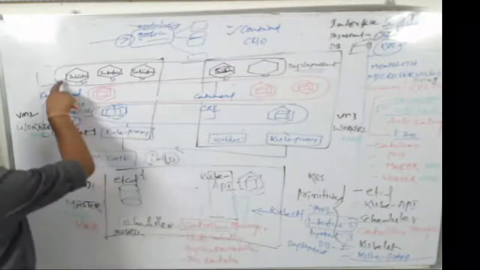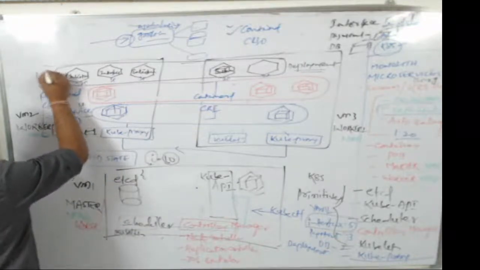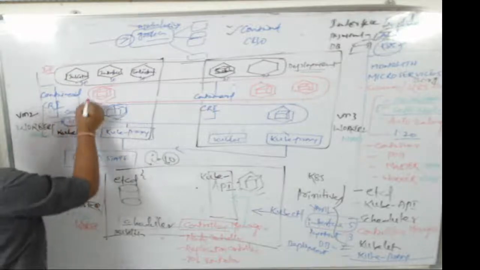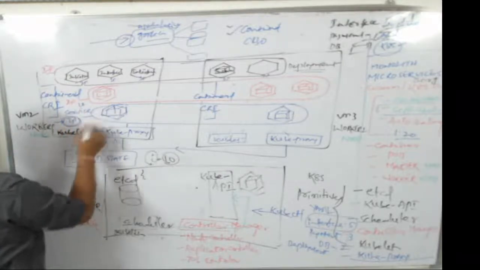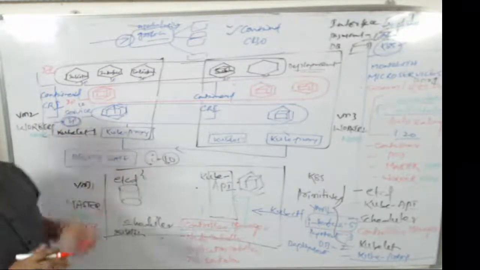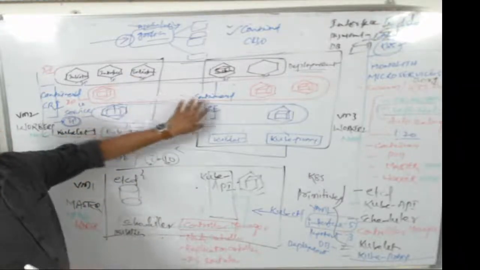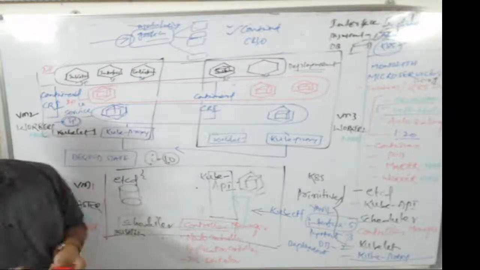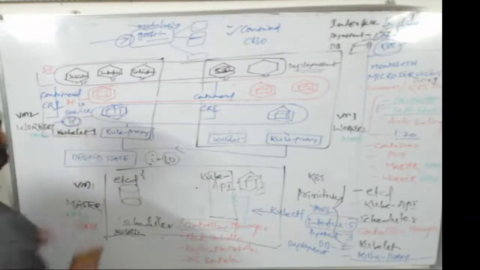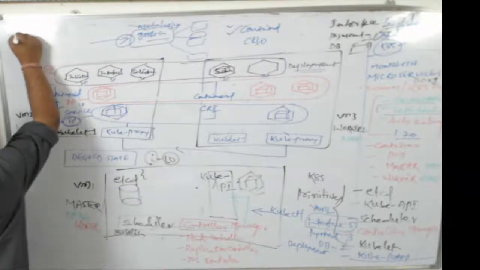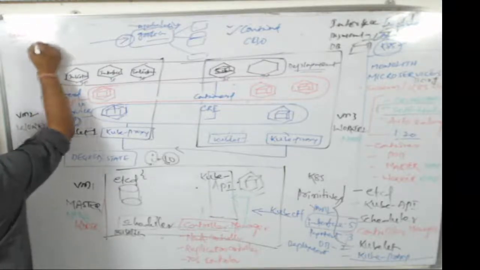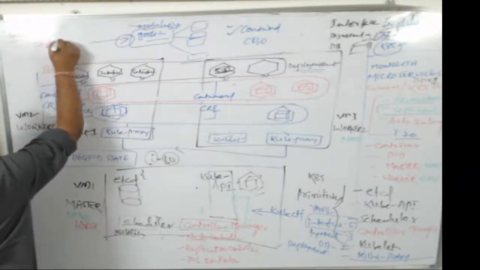So you have an IP for interface, you have an IP for payment, we have an IP for database. So each deployment is exposed as an IP. Now you can have three types of services. It could be a cluster IP.